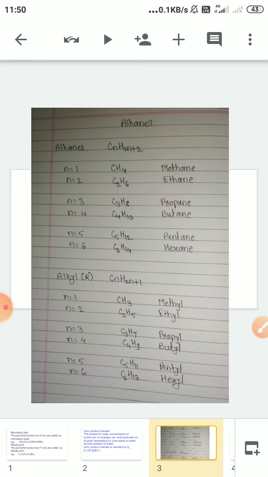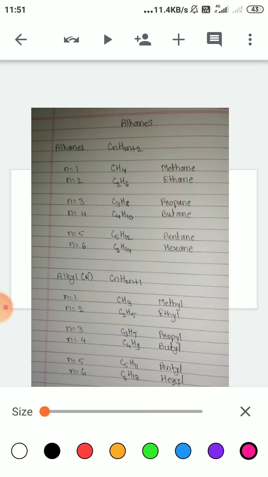Last year we learned about alkanes, alkenes and alkynes, and we saw the functional groups. But to revise once again, the general formula of alkanes is CnH2n+2. Here we can put n equal to 1, 2, 3, 4, 5 and so on.